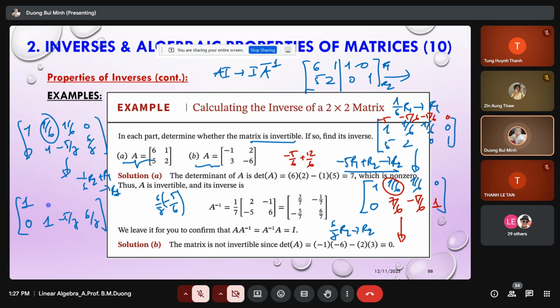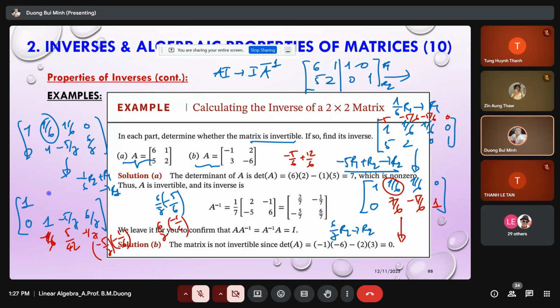If we multiply minus 1 over 6 by minus 5 over 7, you get 5 over 42. And 6 over 7 times minus 1 over 6 gives minus 1 over 7.